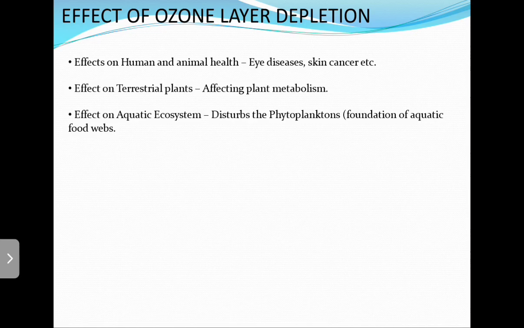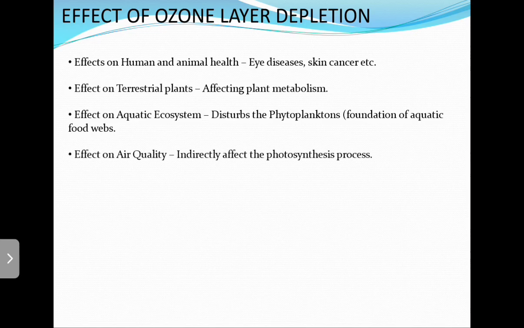Due to ozone layer depletion, the UV ray impacting the aquatic ecosystem will disturb the phytoplankton process, by which the food formation process of the aquatic animals is also disturbed a lot. Now you see, its effect on air quality is also there.